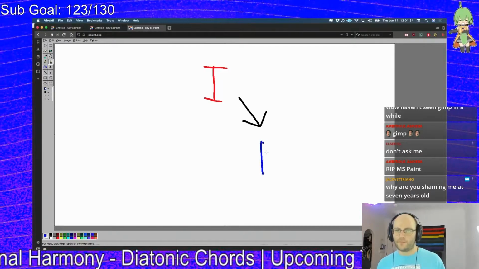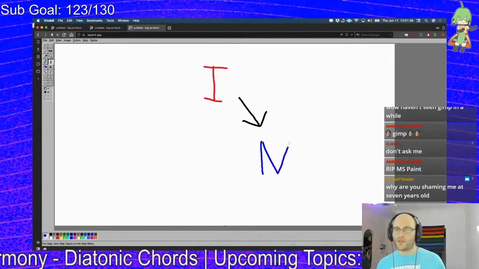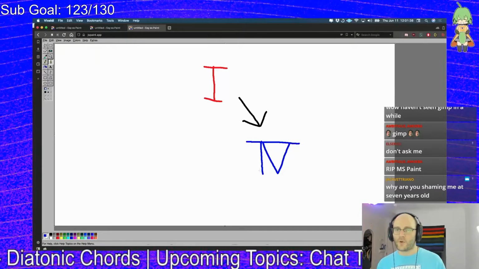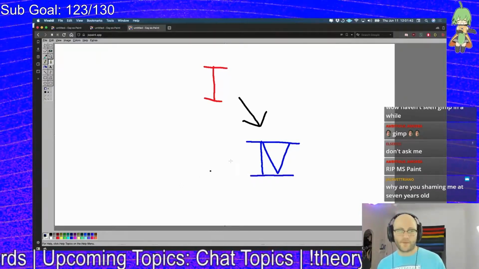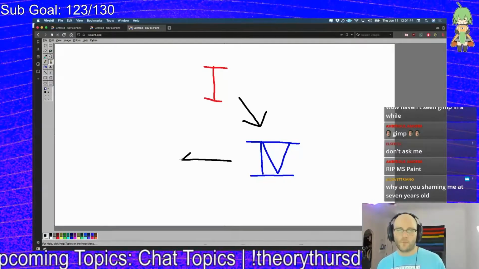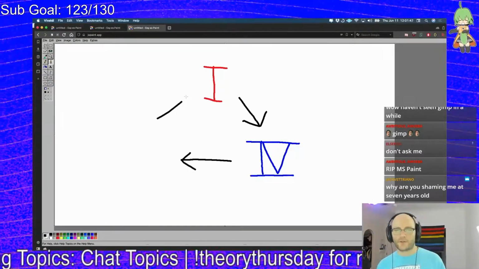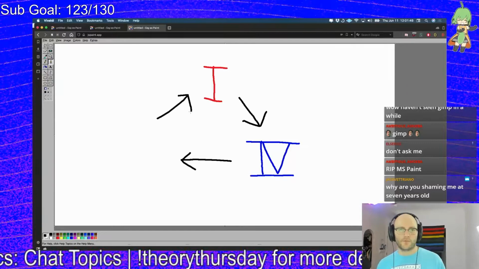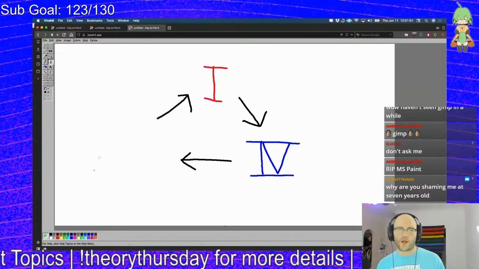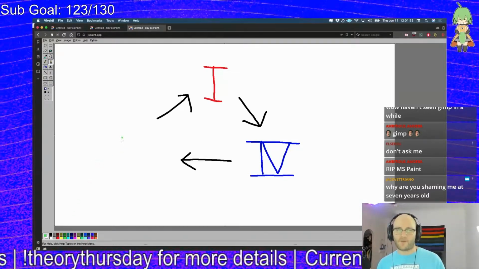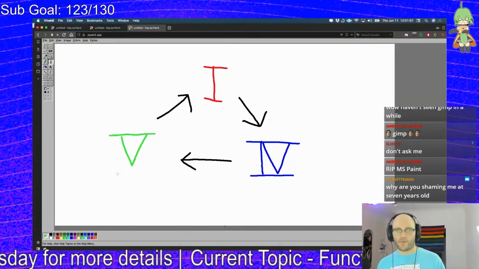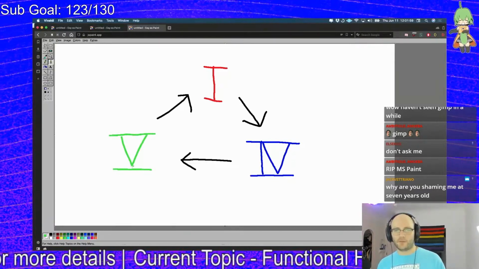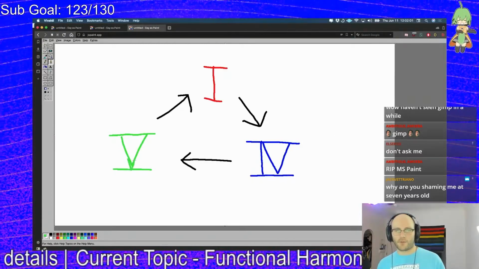And the 4 chord wants to go to the 5 chord. The 5 chord wants to go back to the 1 chord. So we have this wonderful, almost rock, paper, scissors-y back and forth. Just a really nice cycle for our progressions.